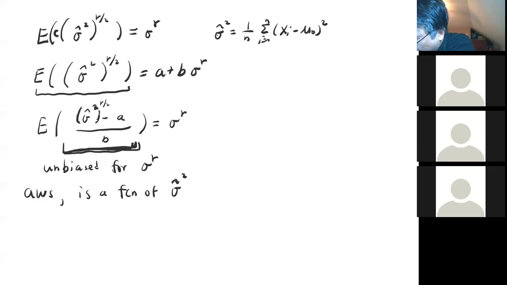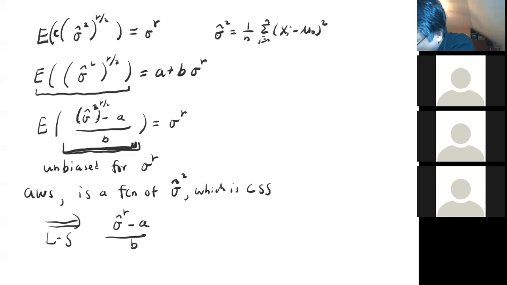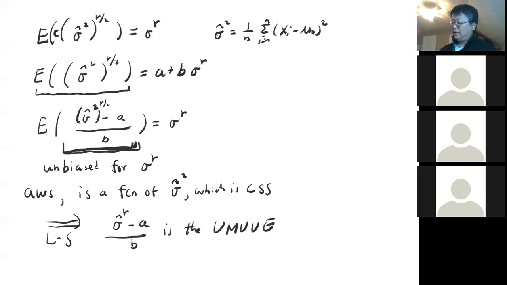Okay, it's a function of sigma squared, which is a complete sufficient statistic. So by the Lehmann-Scheffé theorem, I can claim that this estimator minus A divided by B is the UMVUE. So that's our whole goal: to derive this, and see what happens.